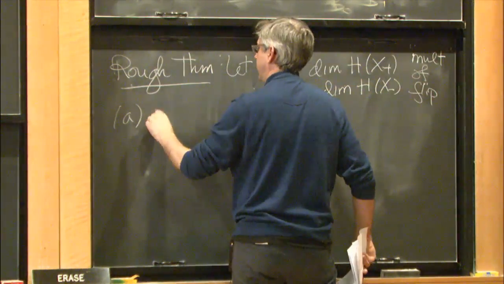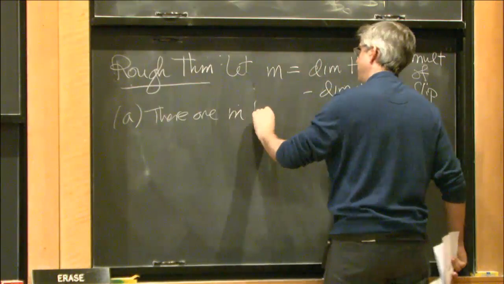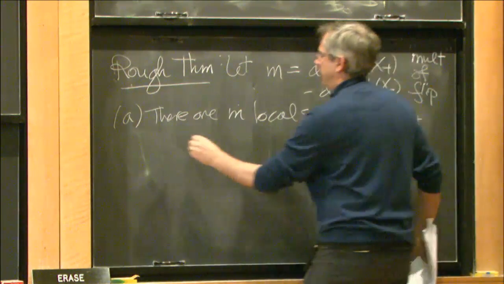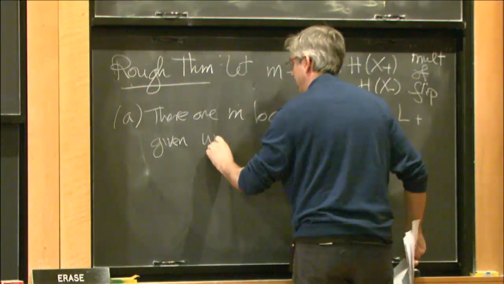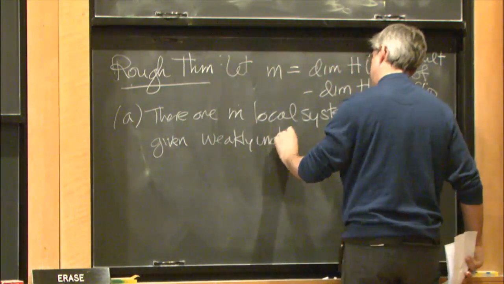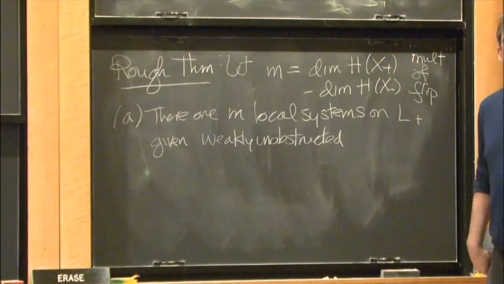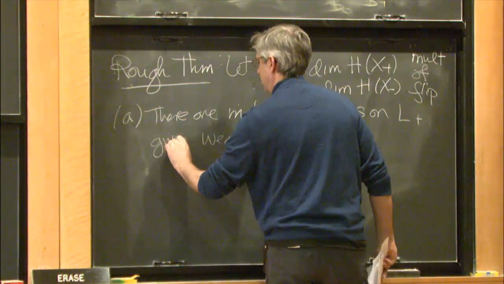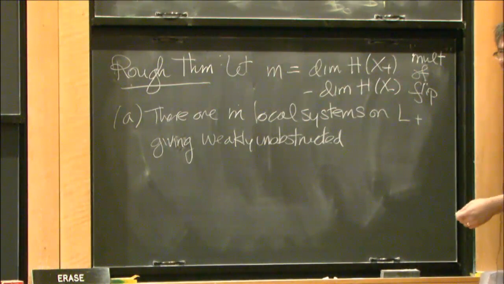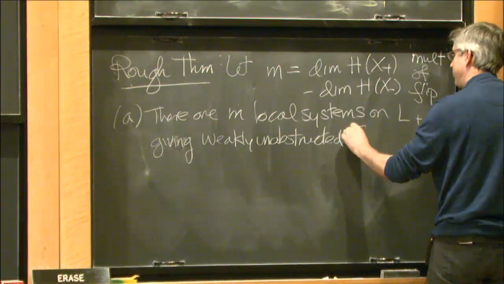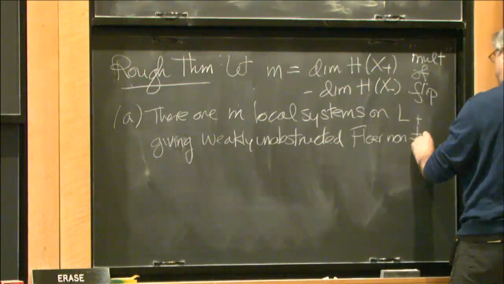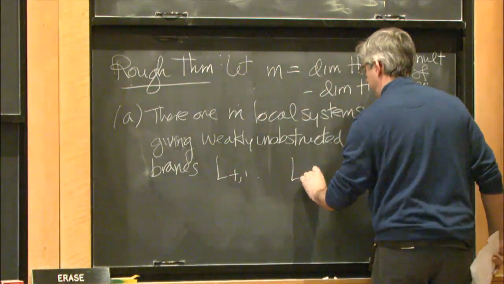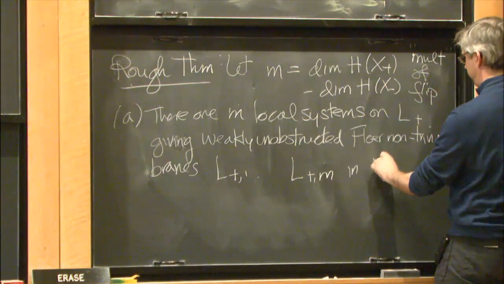Then, first of all, there are M local systems on L plus giving weakly unobstructed Floer non-trivial branes, L plus 1 up through L plus M in X plus.